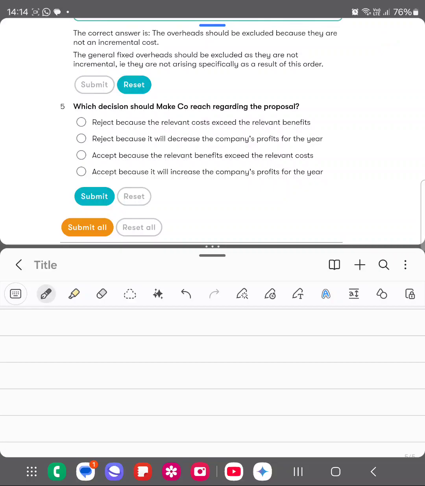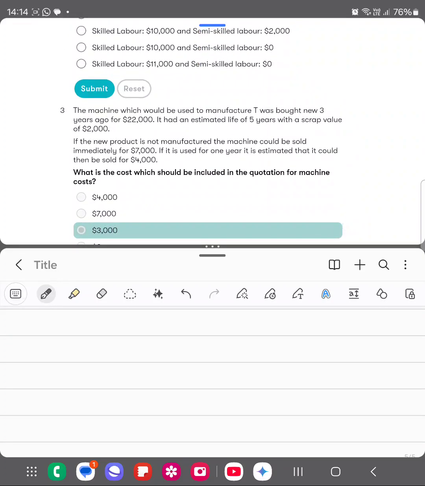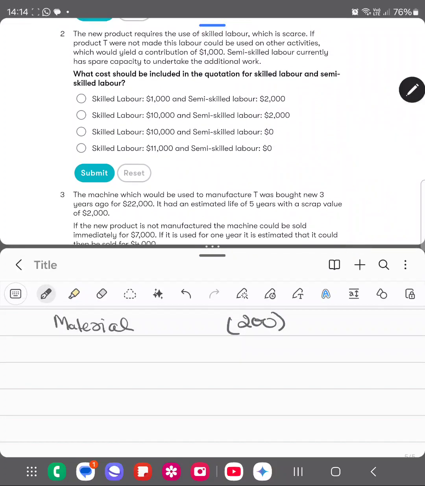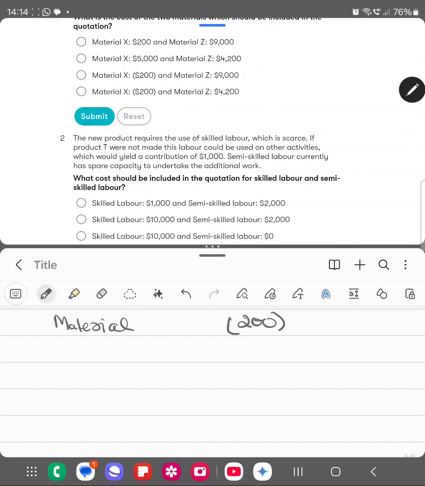We had already done this over here. Let's consider each and every part. So what was the relevant cost for material X? For material X, the relevant cost was 200, and for material Z it was 4,200.